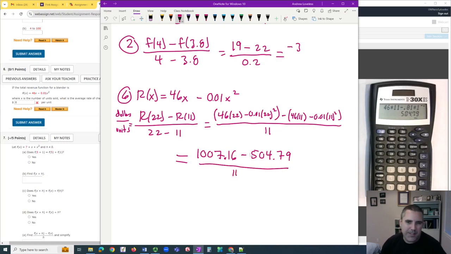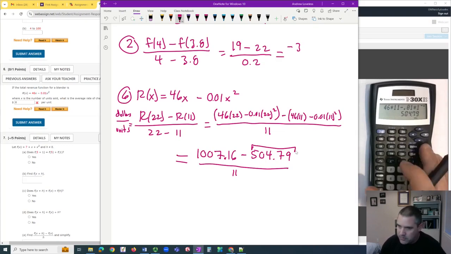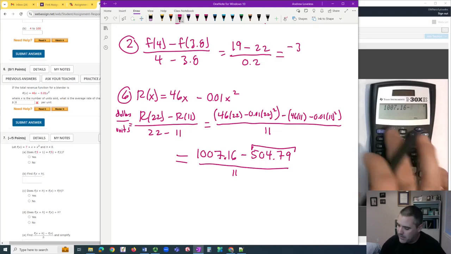And then a fun little thing is, at this point, I have this number. I want to subtract it from 1007.16. What I would do is just either maybe clear and say, I want to do 1007.16, and I want to subtract the last answer I just computed.